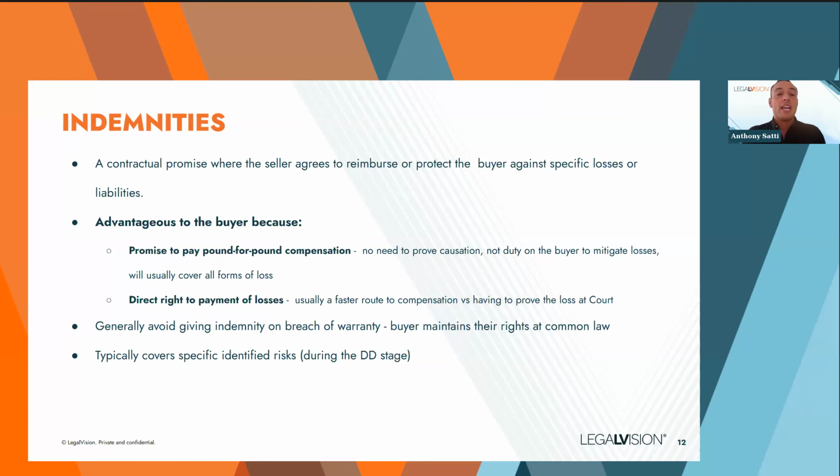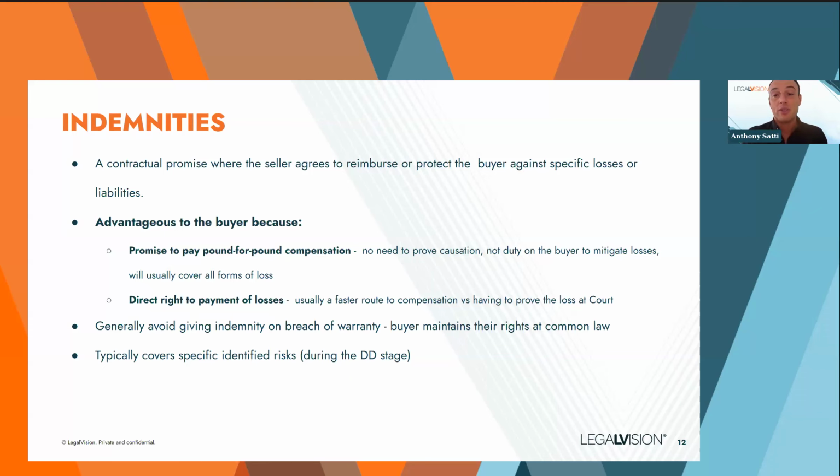Why is an indemnity advantageous to the buyer? It's basically a contractual promise to pay and compensate them on a pound for pound basis, versus a scenario where a buyer would need to go off to court and try and prove their loss, prove causation and show that there was mitigation of losses.